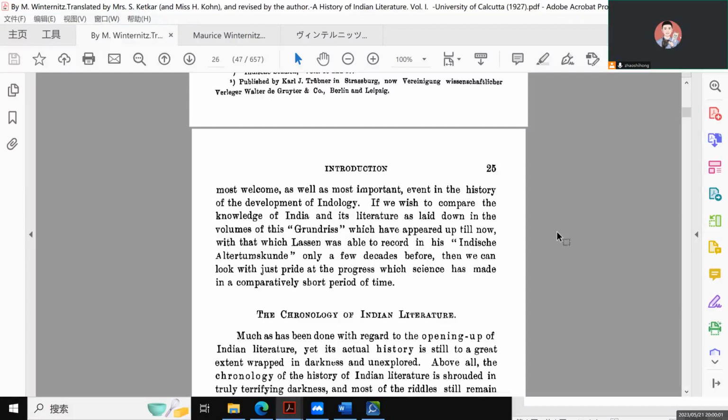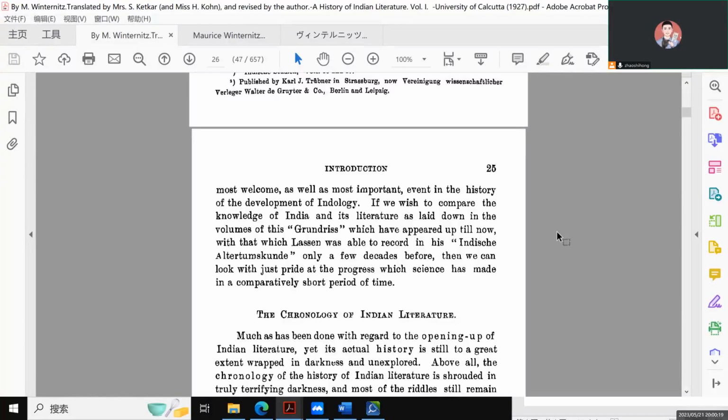But today, as you all know, this traditional research in the humanities and arts is in danger because of the lack of funding or government support.